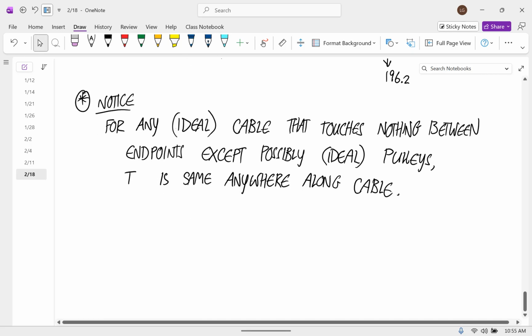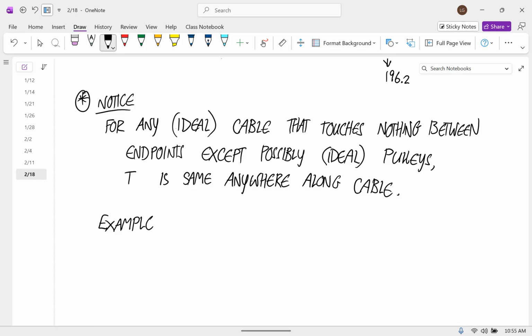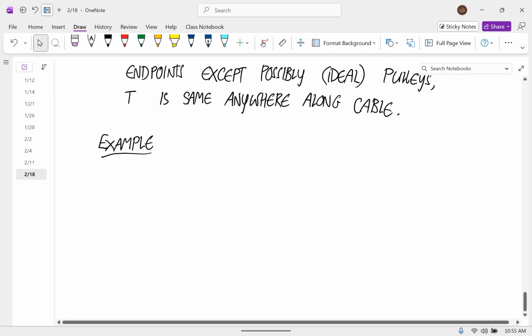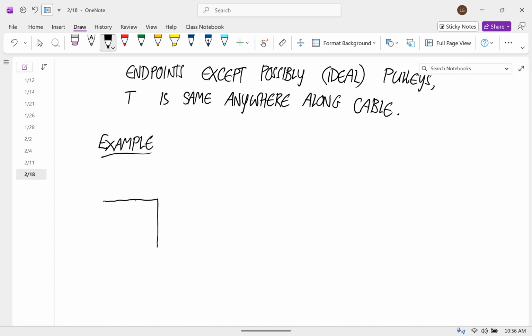Okay, so let's do an example problem. So this is kind of Dr. Seuss looking, but it's just to make the point that these pulleys don't do anything but change the direction of forces.